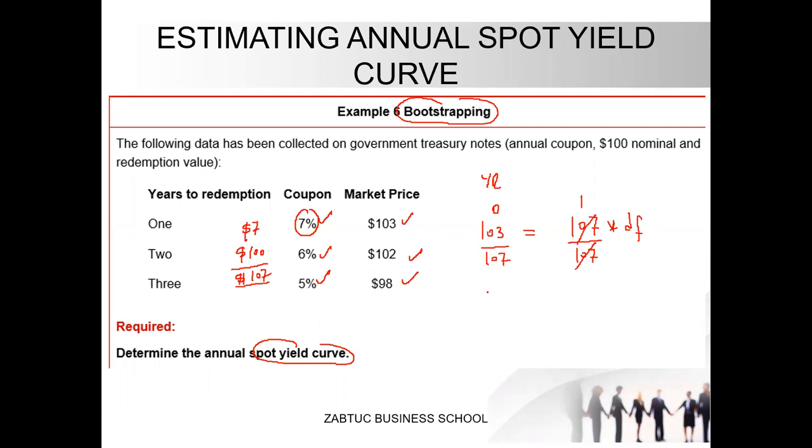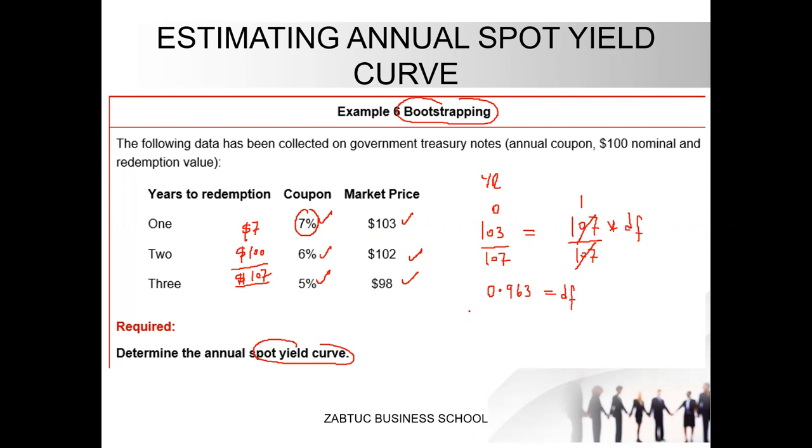What do we find? Zero point. Could somebody divide, please? 0.9626, or 0.963. Is it? Yes.